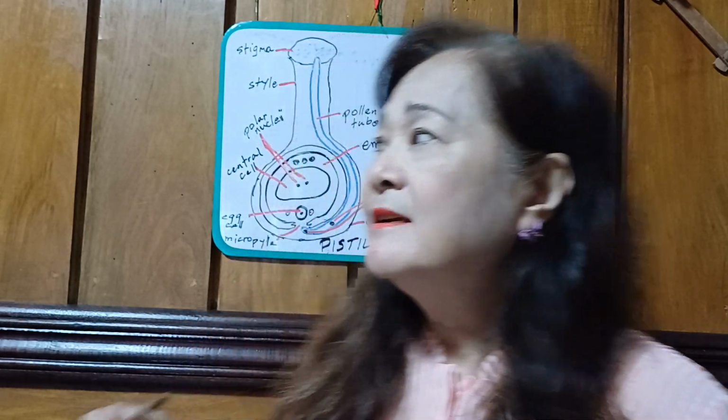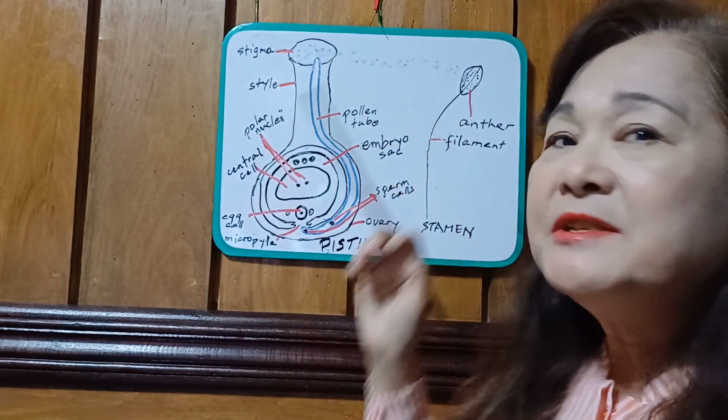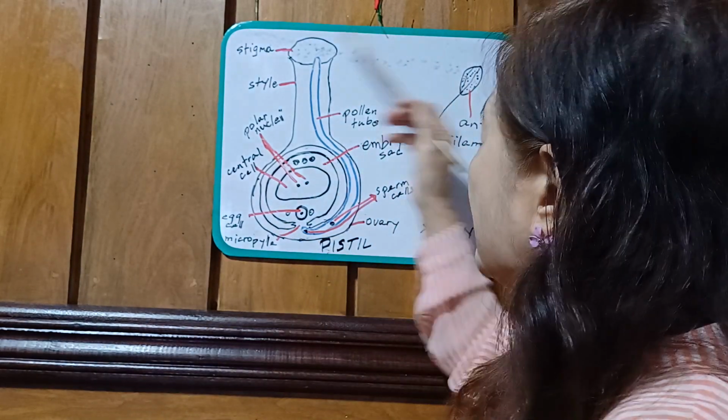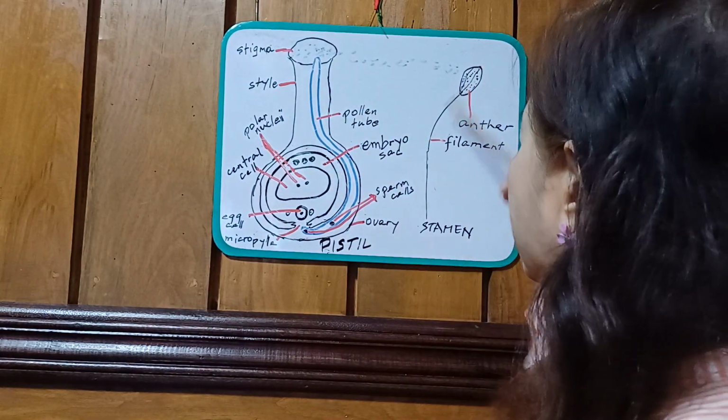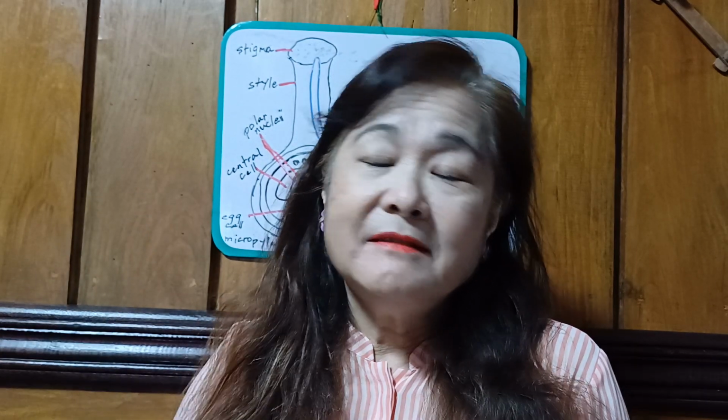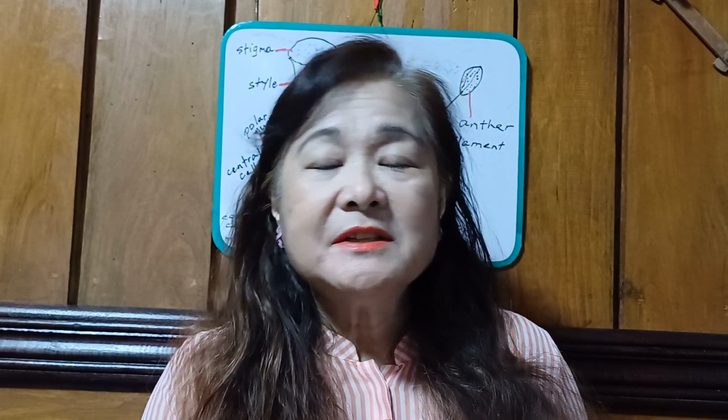In this case, self-pollination maintains the same genetic makeup as in the plant where you find the stamens and the pistil. So if the plant bears red flowers, the resulting offspring will also bear red flowers. If that plant produces sweet fruits, then the resulting plant will also produce sweet fruits.